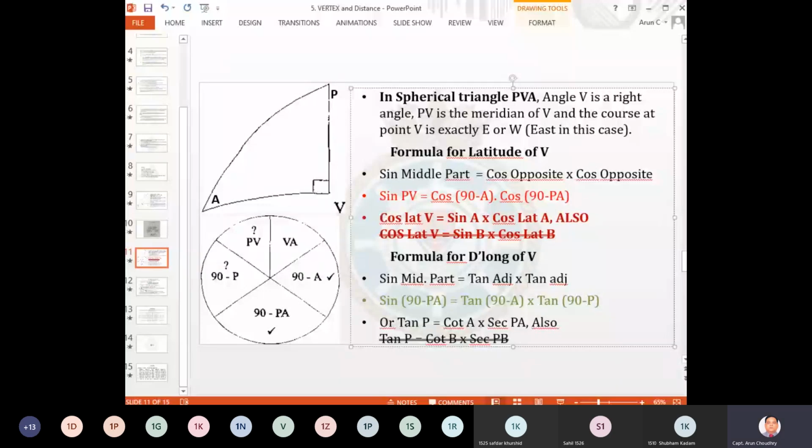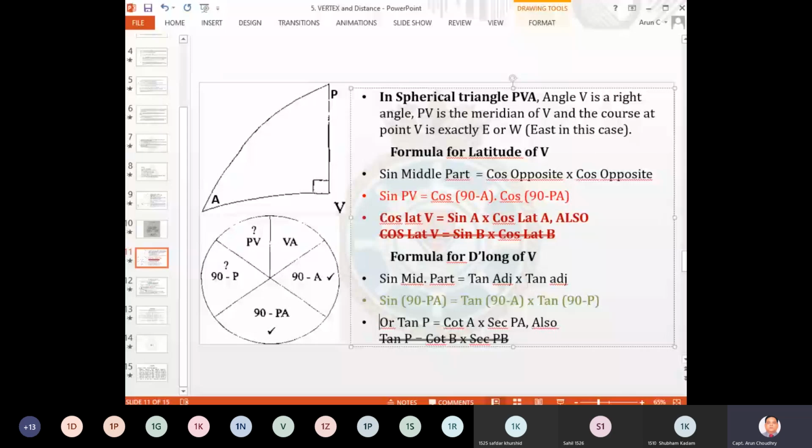Okay, Sahil has given the answer. Sabdar and Sahil, why is there a difference of a minute? Okay, Sandesh has also got the answer.